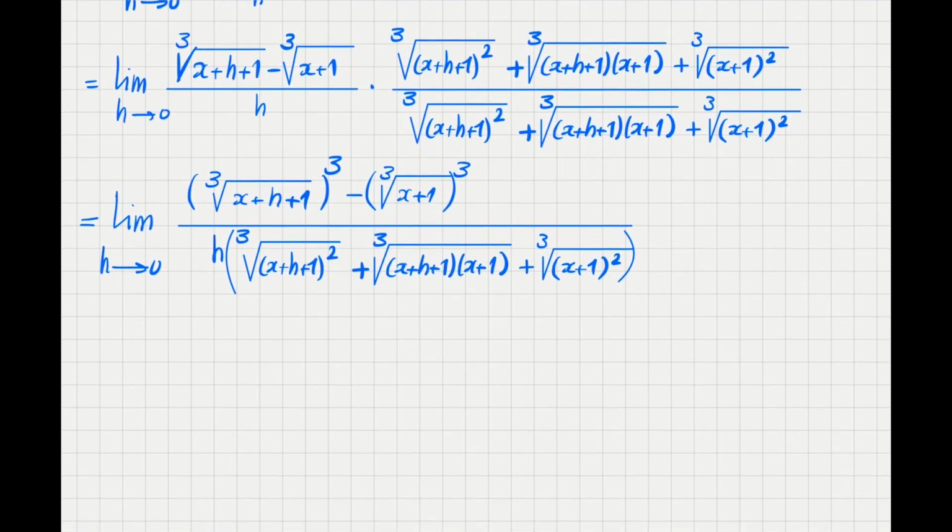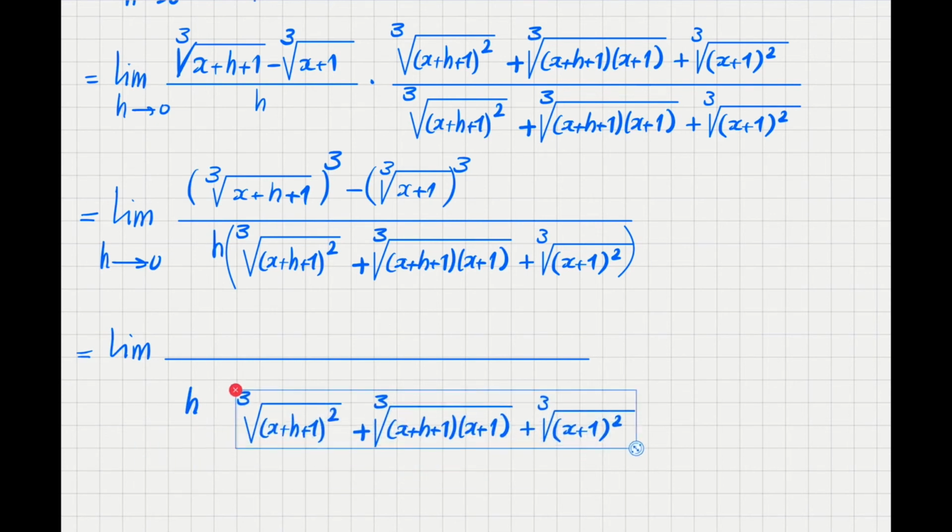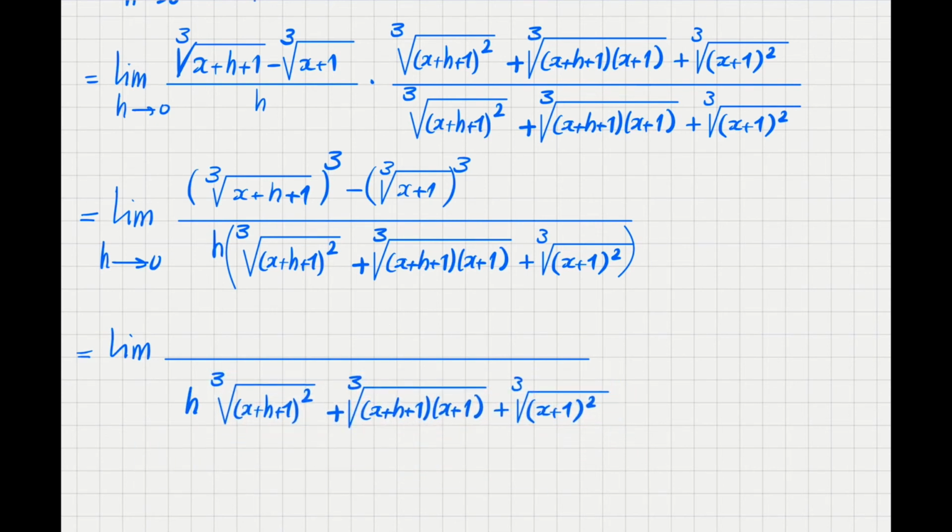Okay, now the good point is here, this power of 3 helps me to get rid of this third root. The same for here. So if I want to go one more step, so the denominator would be the same expression. So let me write it again here, h, and copy paste this denominator here.